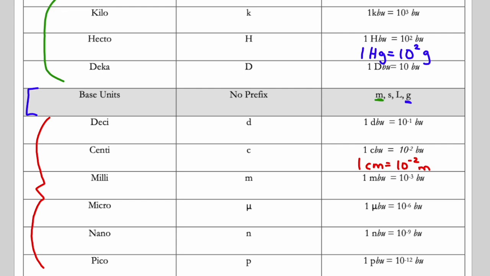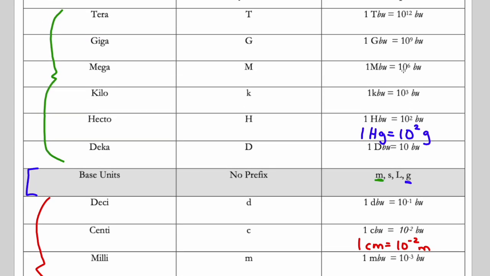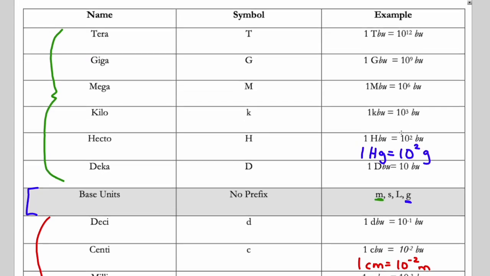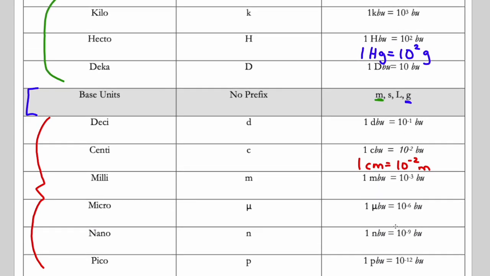All right. Notice a couple of things just to help keep everything straight. All of these relationships, notice the way that this is written, and this is what will be given to you. You'll be able to use this as a resource whenever. A 1 always goes in front of the unit that has the prefix. So 1 deci, for example, second, we can say 1 decisecond equals 10 to the negative first seconds.